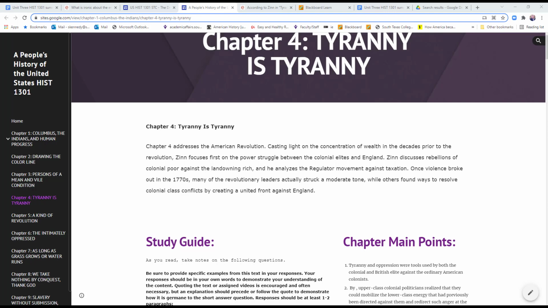In Chapter 4, Tyranny is Tyranny, he provides a cornerstone of this argument by examining the motives of the Founding Fathers for starting the American Revolution. Zinn points out that the majority of those who signed the Declaration of Independence had already been colonial officials under King George III.